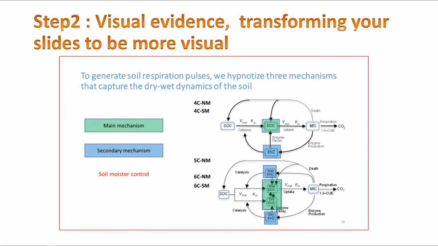Now you see this is much cleaner. To generate soil respiration pulse, we hypothesize three mechanisms that capture the dry-wet dynamic. Then I put the main mechanism, secondary mechanism, and soil moisture, and I explain them. All of this will be animated. I will not even show this text until I talk about it. Compare this slide to the original slide. If I hadn't taken a lesson like this, my original slide would look something like this.